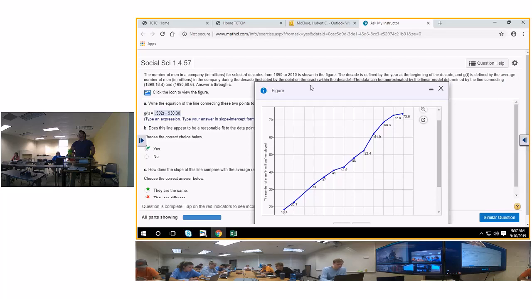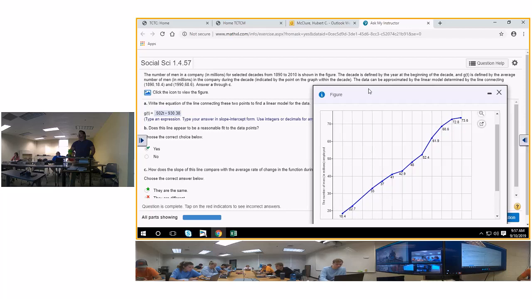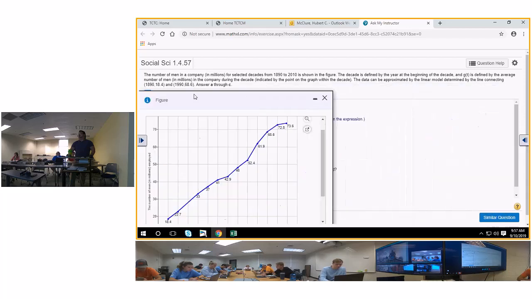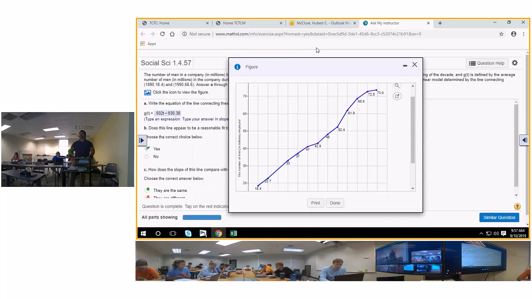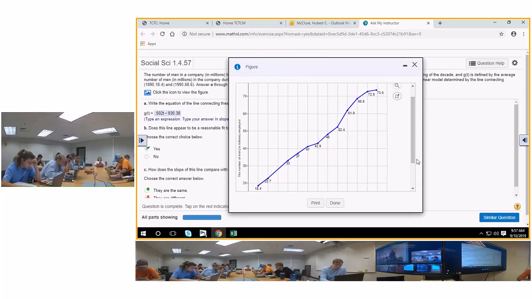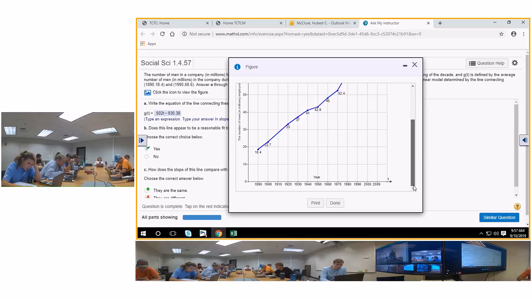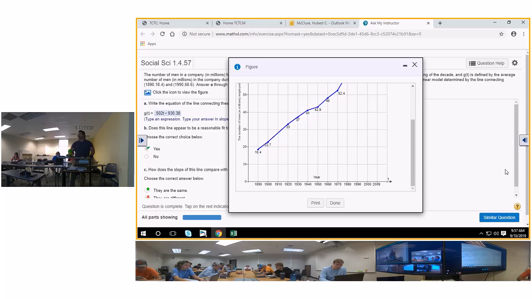Blah blah blah. The data can be linear model determined by the line connecting 1890 to 1990. So they want to do a line.